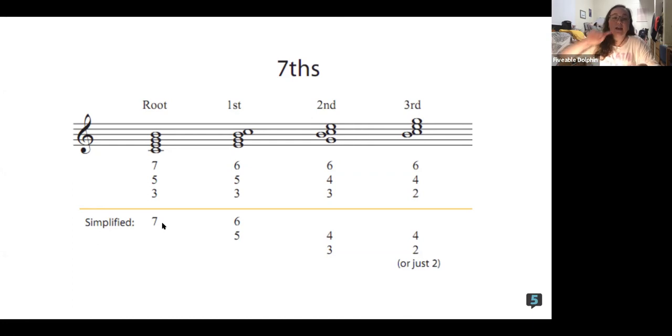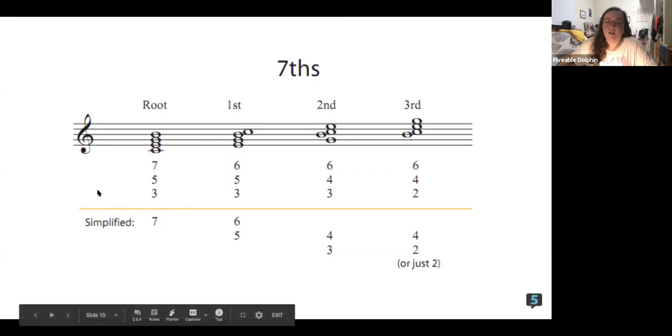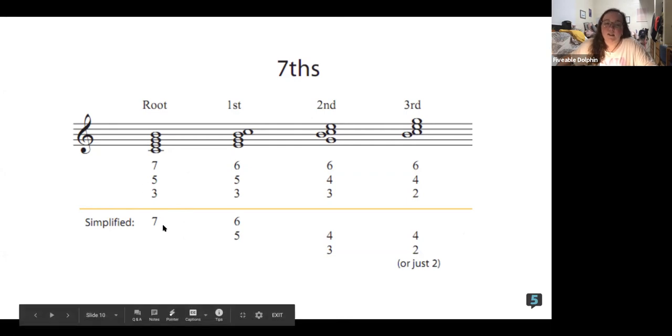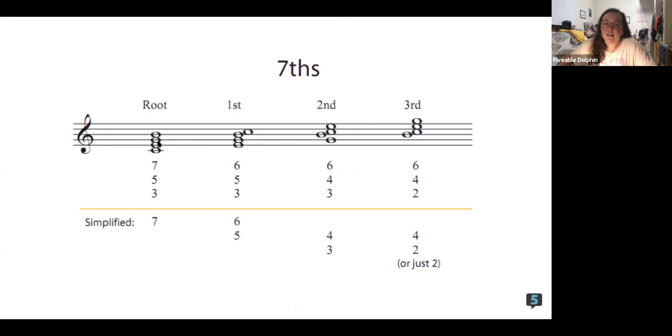If it says the V with the 7 notated here, then that's the 7th chord. So you never want to include the 7th unless there are numbers like this indicating that it's going to be a 7th chord. So this is root position where everything's stacked neatly. So we have the 1, 3, 5, and 7.